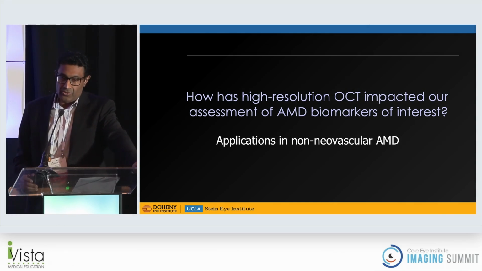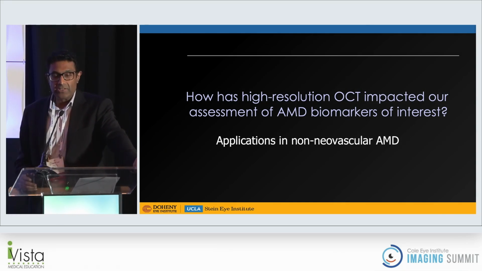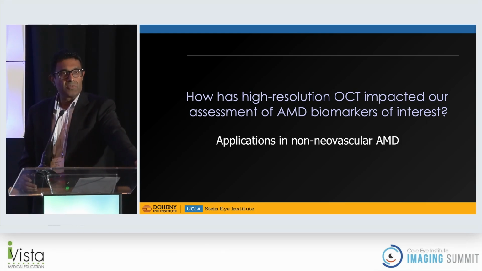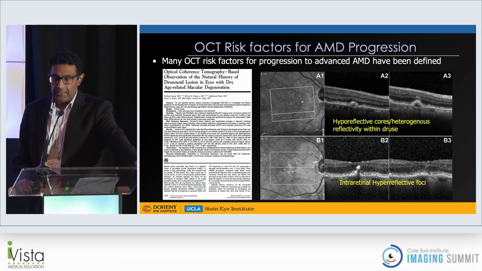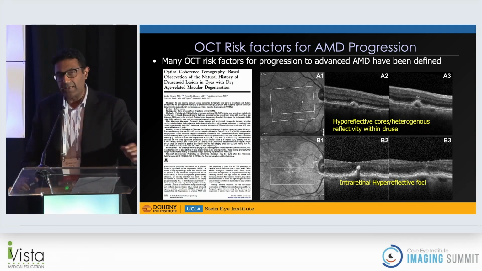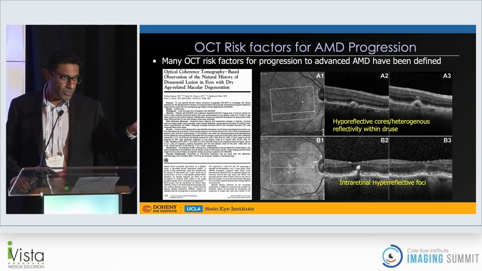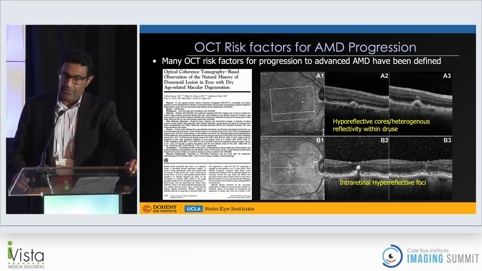But I wanted to give at least one really solid clinical example and focus on AMD, in the interest of time, as an area where we found this to be of particular benefit. We and others, Cynthia Toth at Duke and several others, have been very interested in looking at biomarkers that we think might highlight patients with intermediate AMD who we need to watch more carefully at risk for progression.